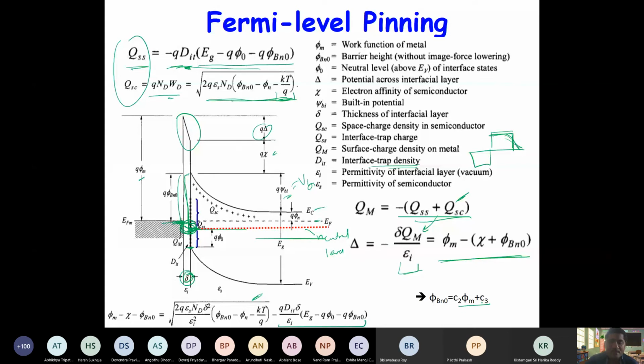So you can assume a linear relation with some coefficient. You have this phi b n naught here, phi b n naught here, right? You add these two, and you can basically work out, if you like, the coefficients C1 and C2. Ignore this part, just consider these two parts. So that is when there is a large interface charge density.